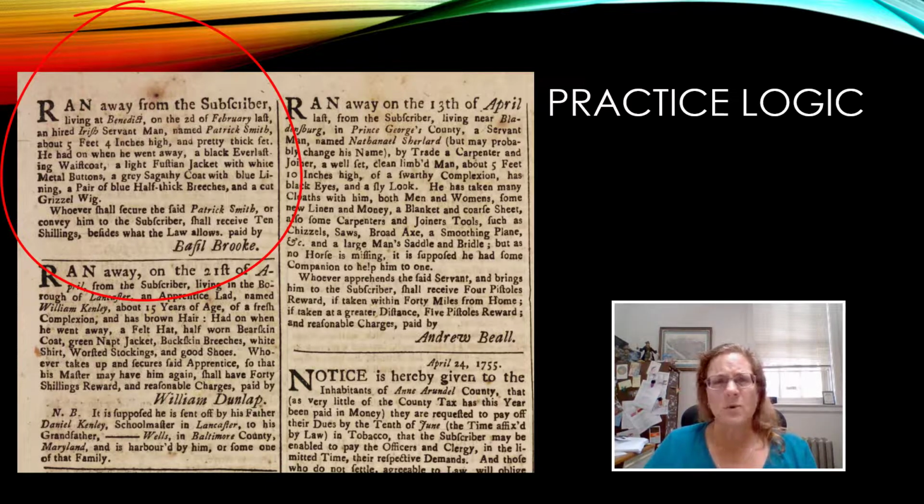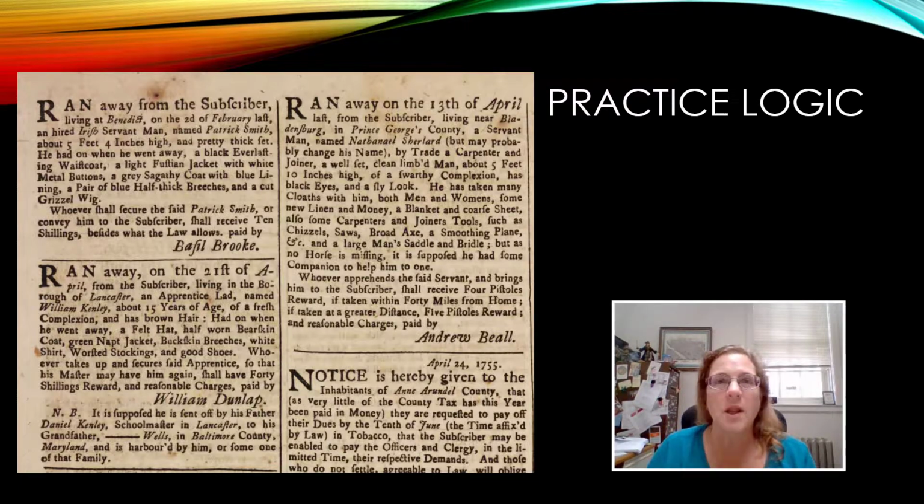The first thing I want to tell you about this, just so you can read it effectively: at that time, the letter that looks to you like an F, as in frog, was actually an S, as in snake.